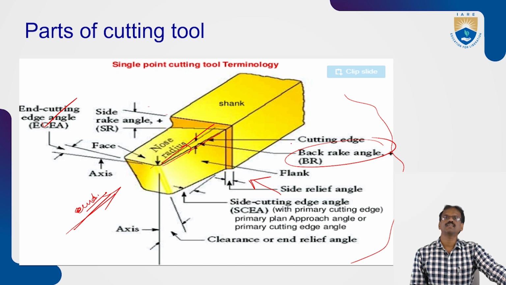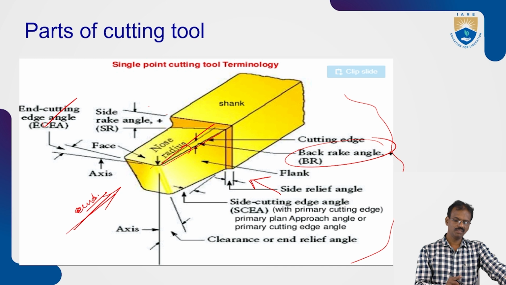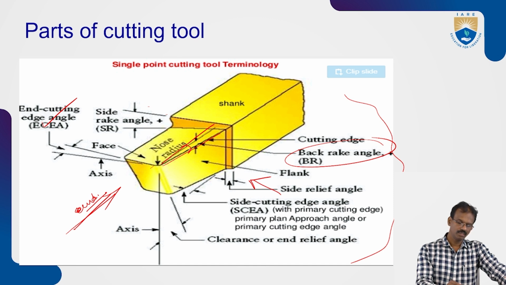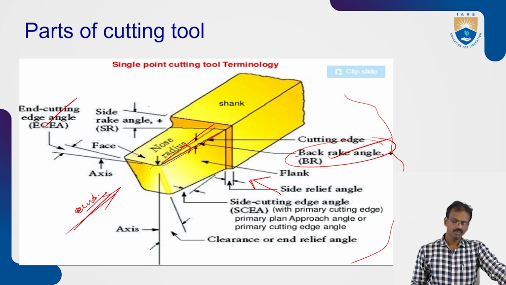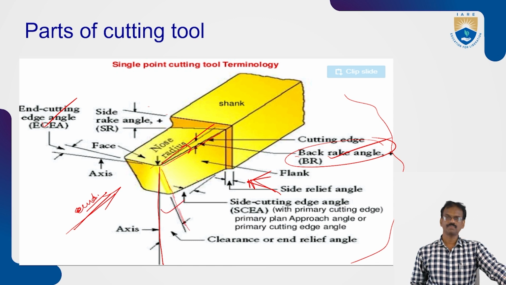The back rake angle means the angle between the major cutting edge and the line parallel to the cutting tool. If you see from just the front side, we will see one more angle, the angle between this one.